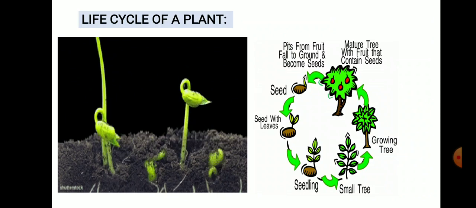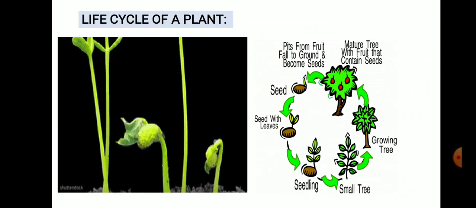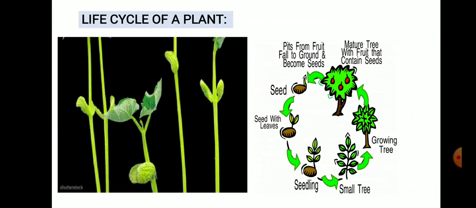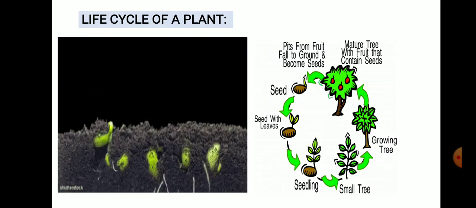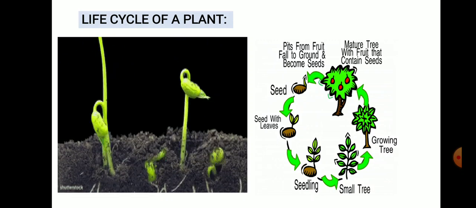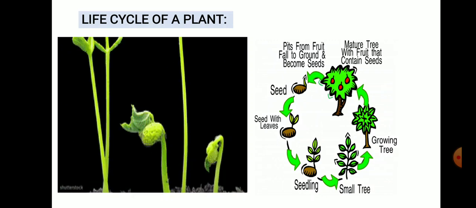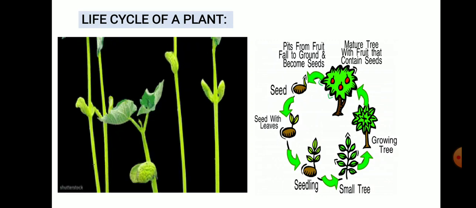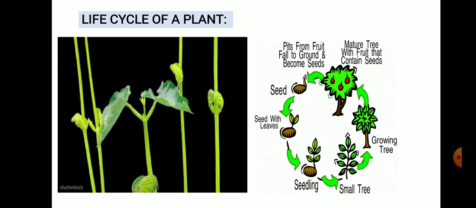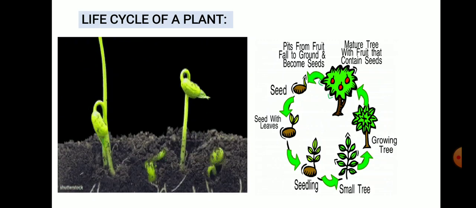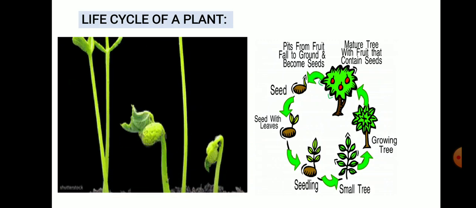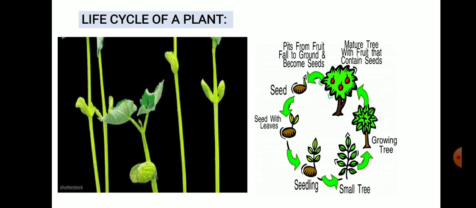Next is the life cycle of a plant. A seed germinates under proper conditions and grows into a plant. You can see here, students, that a seed germinates in proper conditions and grows into a new plant. What is germination? The process by which a seed changes into a seedling.